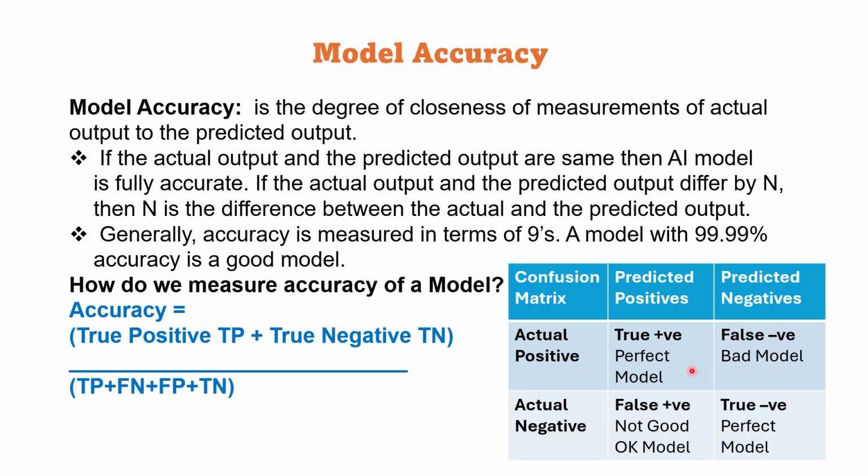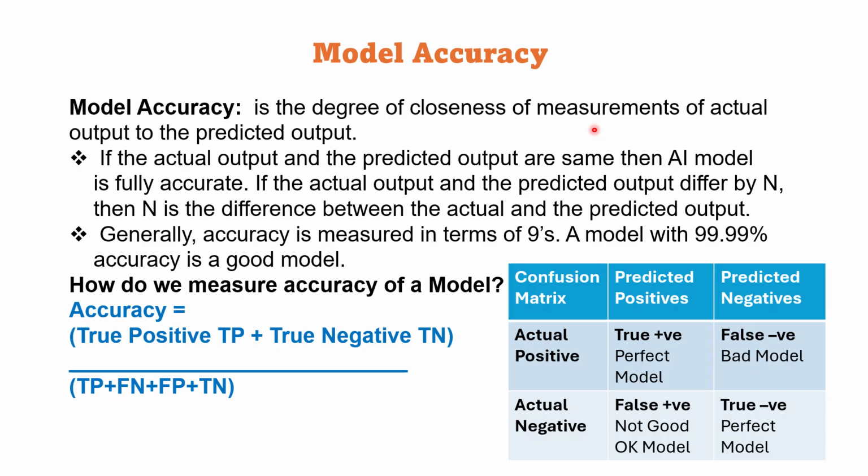Now let us define model accuracy. Model accuracy is the degree of closeness of measurements of actual output to the predicted output. If the actual output and the predicted output are the same, then the AI model is fully accurate.